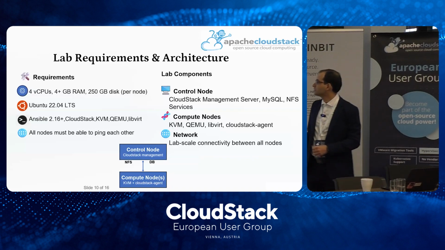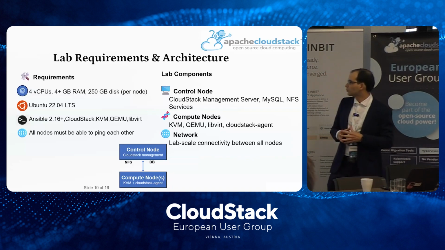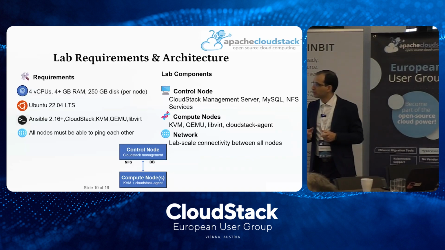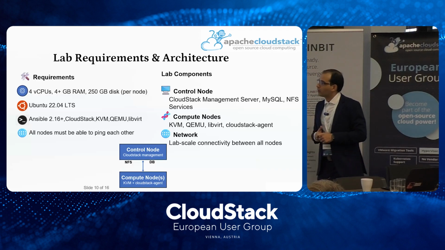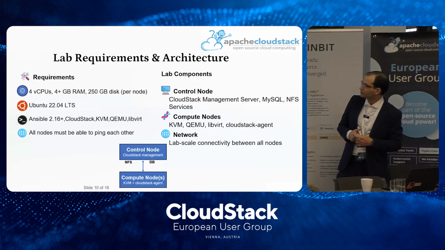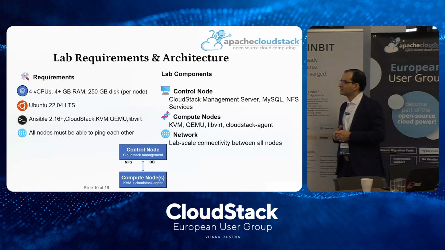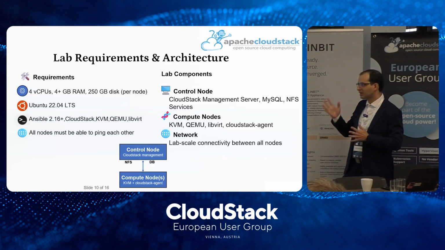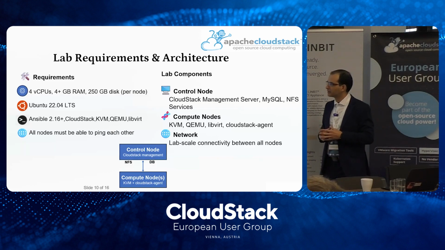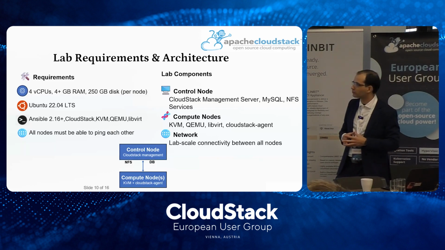Okay, lab requirements and architecture. The Ansible roles that I will share with you today require 4 CPUs, 4 GB of RAM. The disk per node can be that or less, it depends on how many machines you want to run.